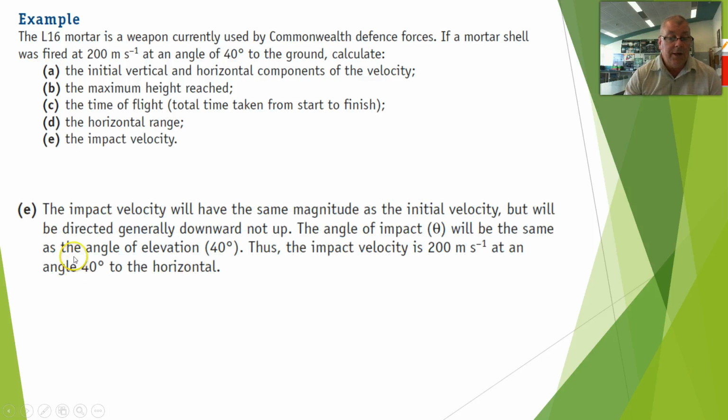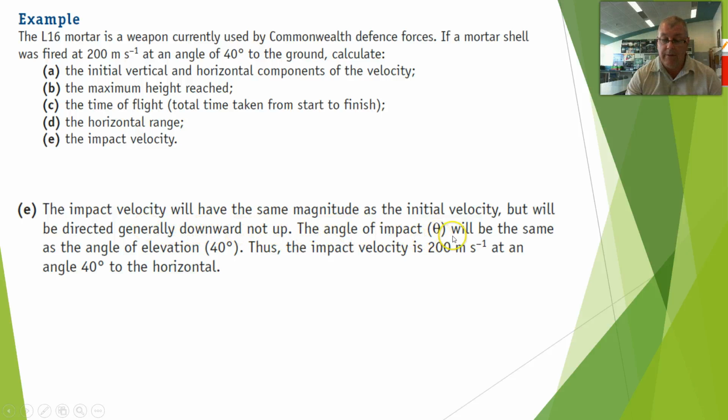And the impact velocity, you can go through and work out, draw the triangle and have your vertical velocity and your horizontal velocity, and then use Pythagoras to work out the hypotenuse, and then use sine, cos and tan to work out the angle. Or you can just say, because it's landing at the same height, the impact velocity will have the same magnitude as the initial velocity, but will be directed downward, not up.